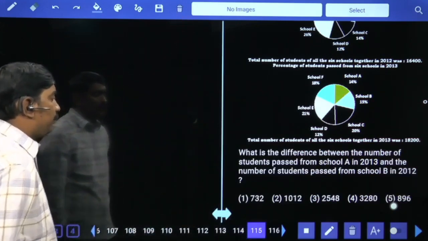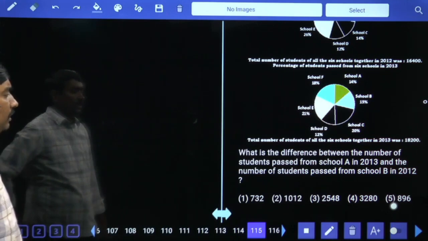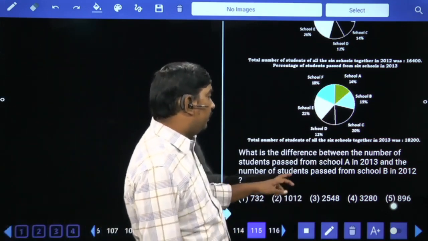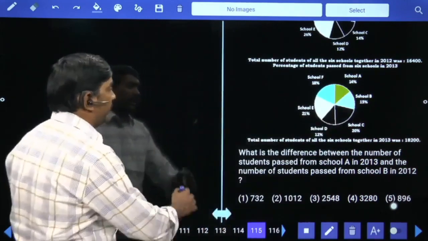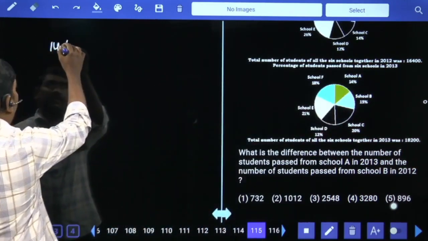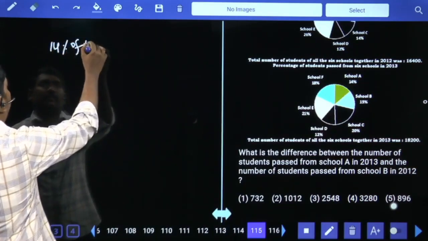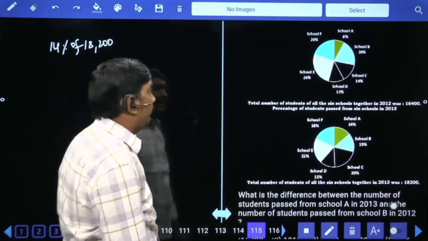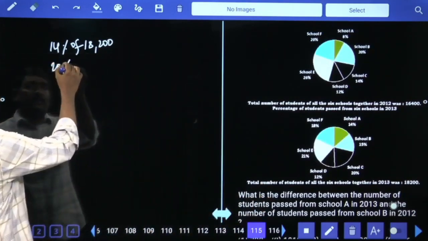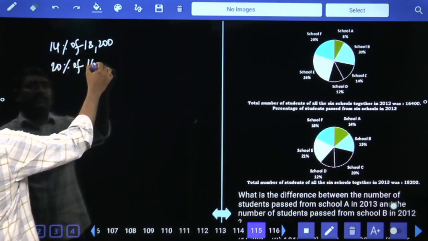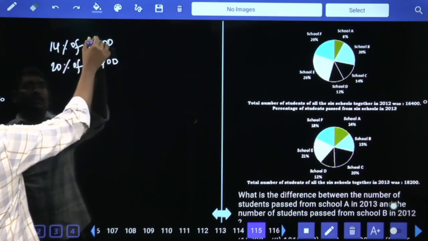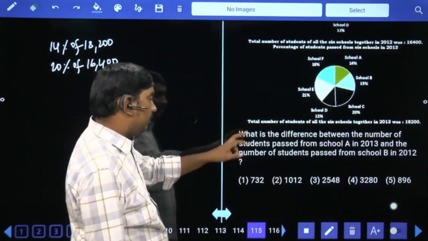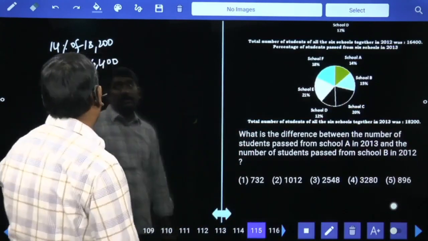The difference between the number of students passed from school A in 2013 and the number passed from school B in 2012. A in 2013 is 14% of 18,200. B in 2012 is 20% of 16,400. 4 twos are 8. 8 minus 0 is 8. The answer ends with 8, which means the third option.